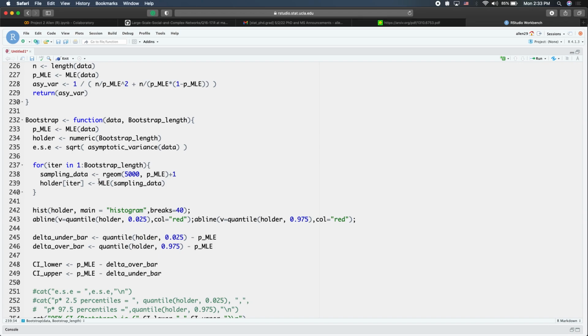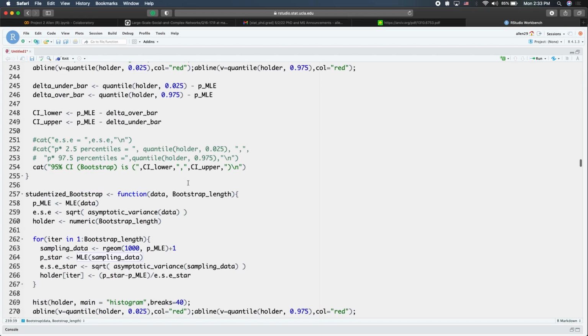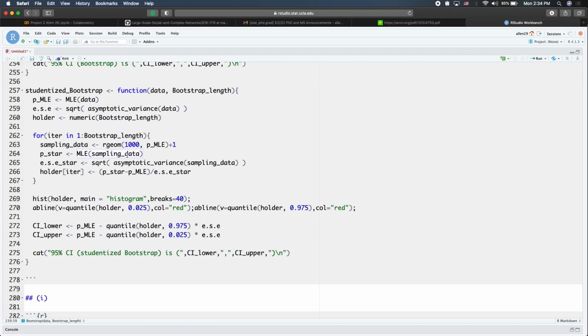That MLE is the one that we store. So after this step, we will have 1,000 MLEs, and then we use them to estimate the distribution. But the key difference is that we store the MLE, and then for the studentized bootstrap, we actually store a different quantity.